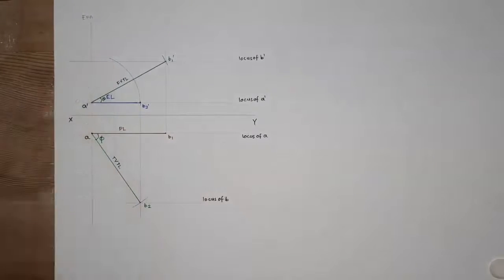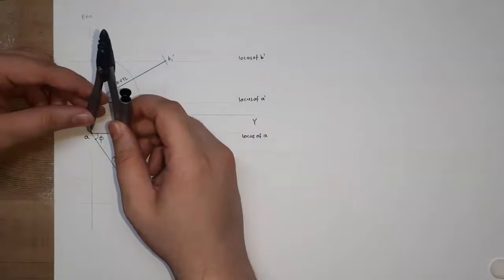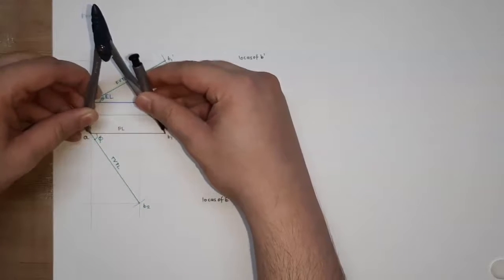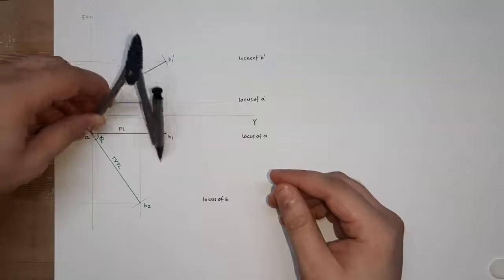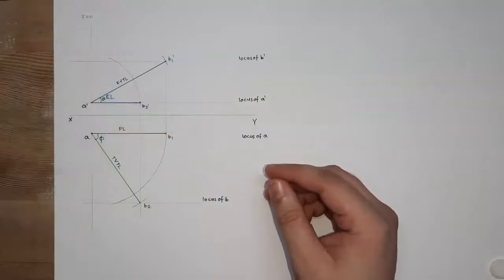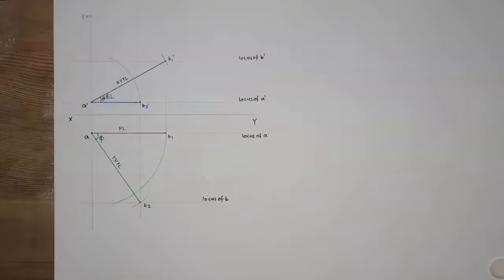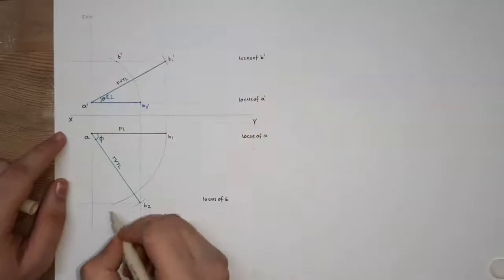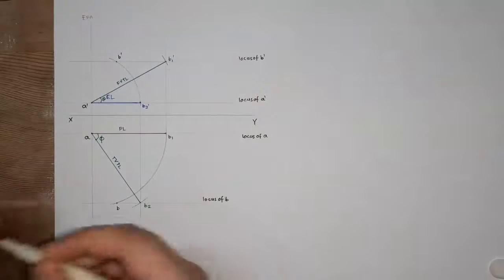This point is B dash. Now I will be taking distance equal to my PL over here and I will be rotating it till it intersects the locus of B. So we have 2 points, point number 1 B dash and point number 2 B.